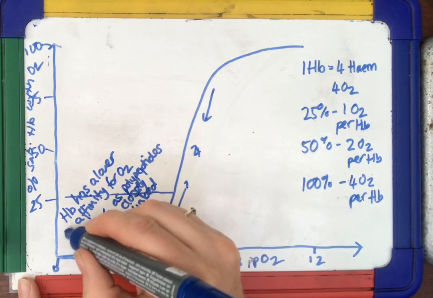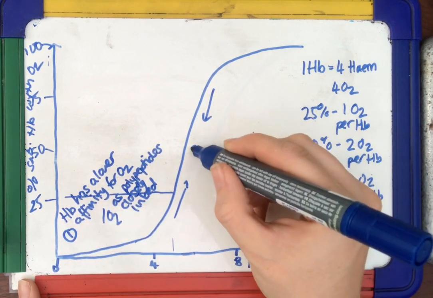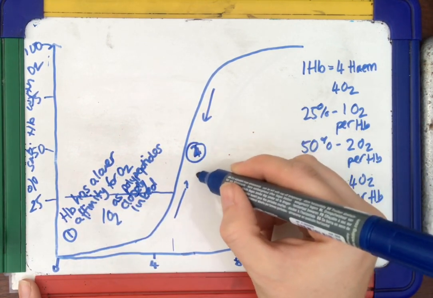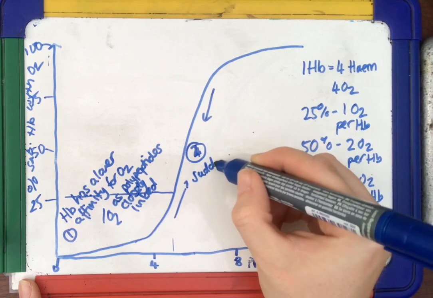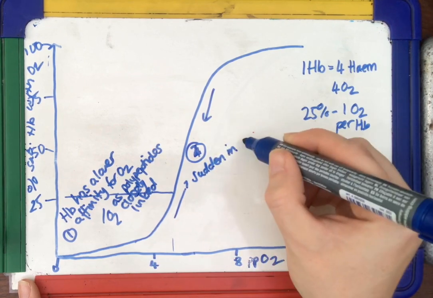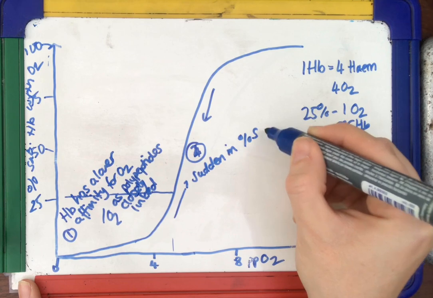Okay, then at this part of the graph, part 2, so this is part 1 of the graph, this part of the graph we have a sudden increase in percentage saturation.